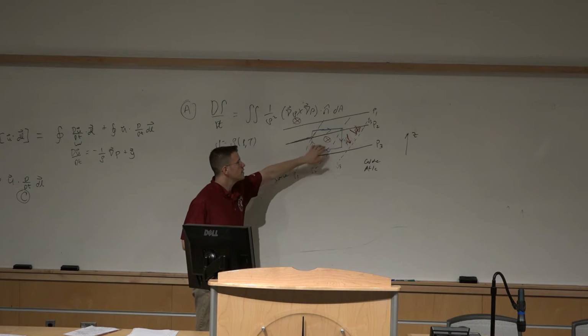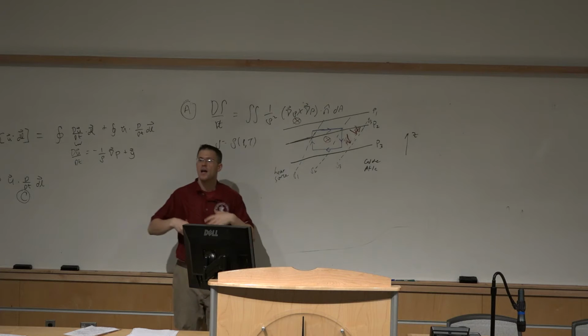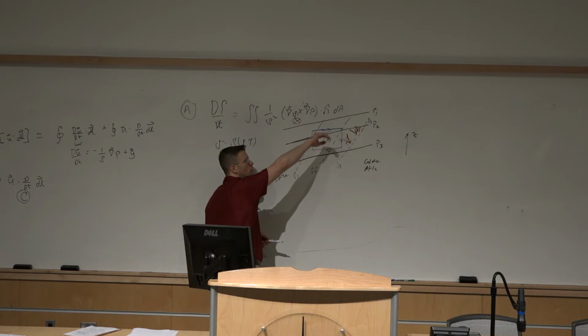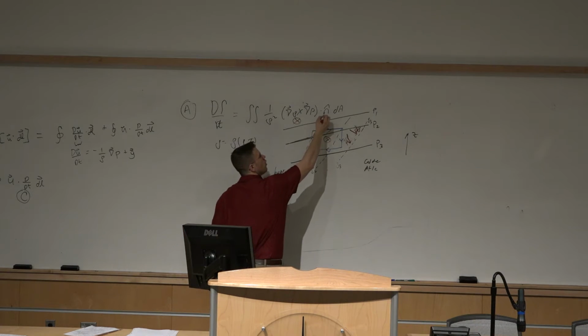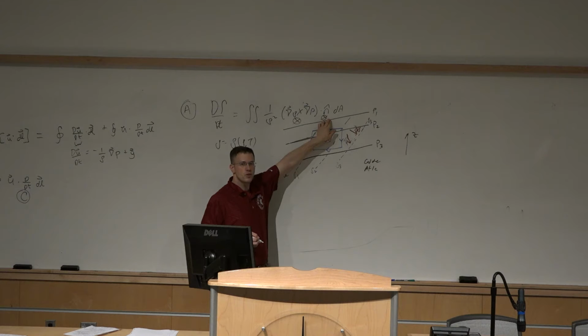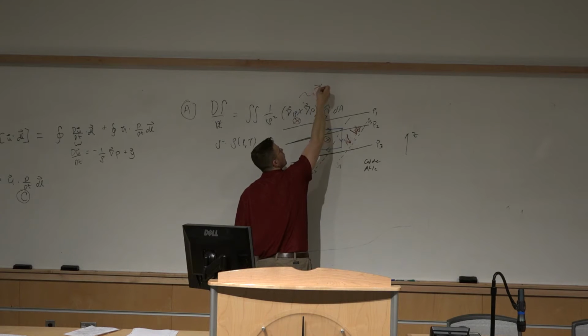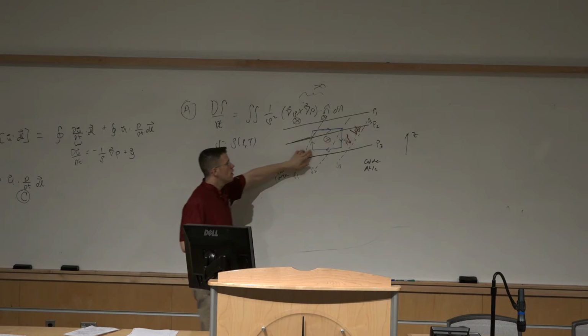And then n hat is the resultant normal vector, which we determine with the right-hand rule from the orientation of the closed loop, the dLs going around it, marked in blue, which is also into the page. So we have a vector going into the board, dotted with a vector going into the board, and the result is a positive value, or positive circulation is imparted to this closed loop.